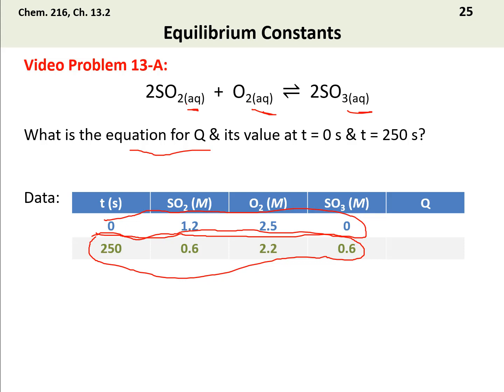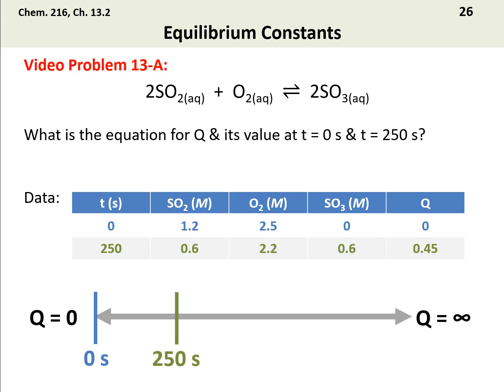Okay, so I'm not going to do it here. You can do it afterwards. But these are the values you will get. You'll get a Q of 0 at the beginning, and after 250 seconds, 0.45. And so what we can do is label these on something I like to use for equilibrium, and that's a number line. Okay? So a number line, remember, you learned about this in grade school.